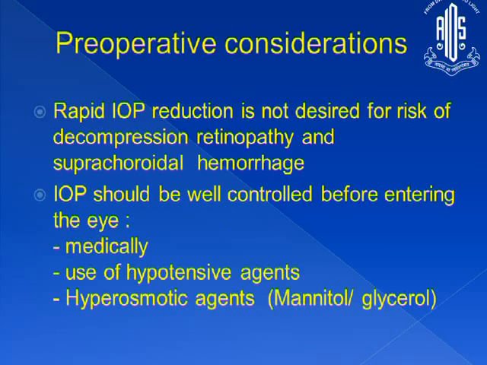In preoperative considerations, rapid intraocular pressure reduction is not desired, for the risk of decompression retinopathy and suprachoroidal hemorrhage. And intraocular pressure should be well controlled before entering the eye, medically, with the use of hypotensive agents or hyperosmotic agents like mannitol.